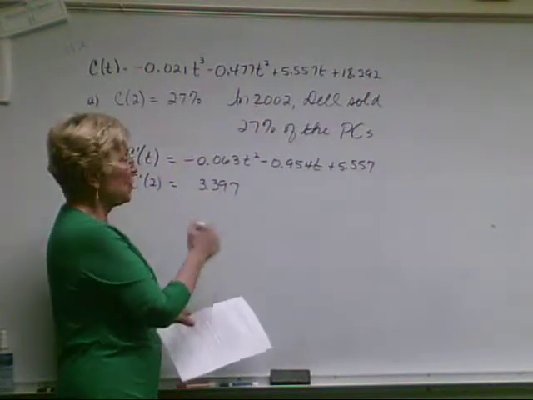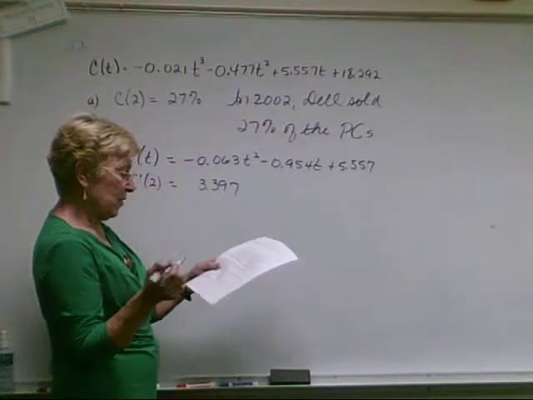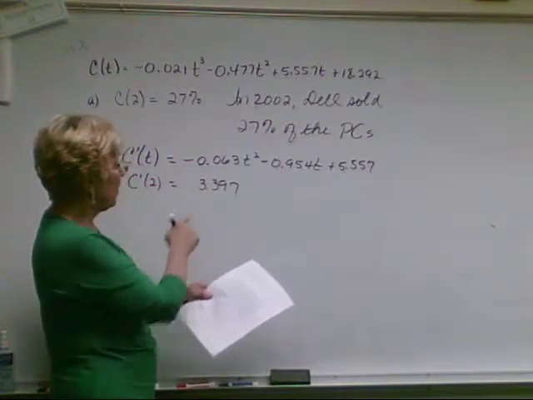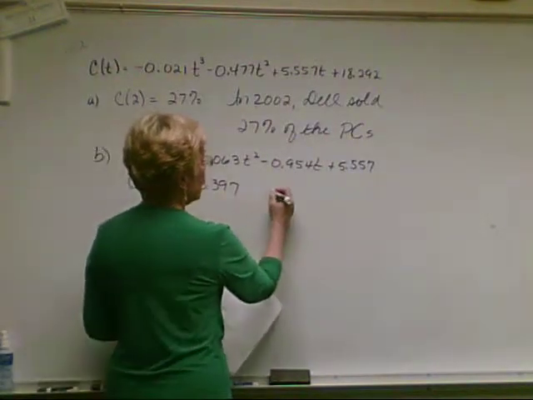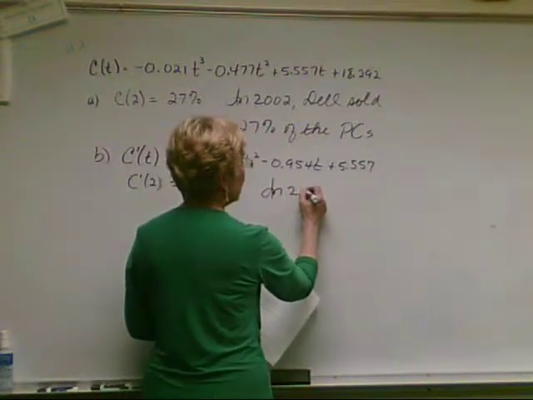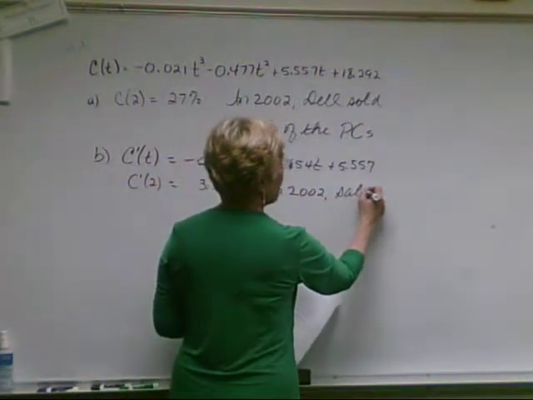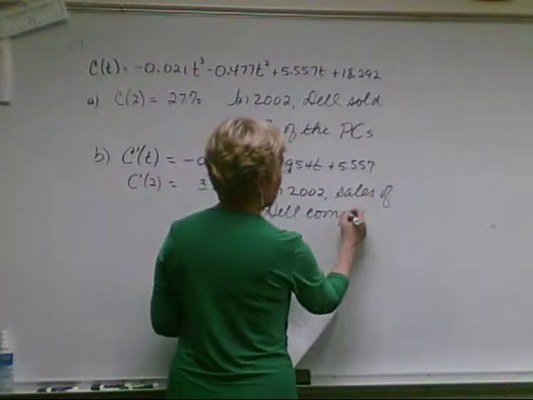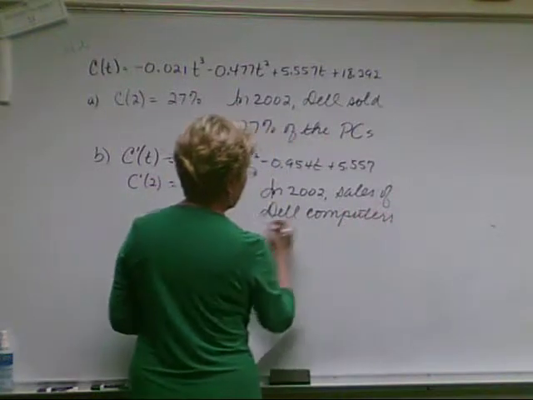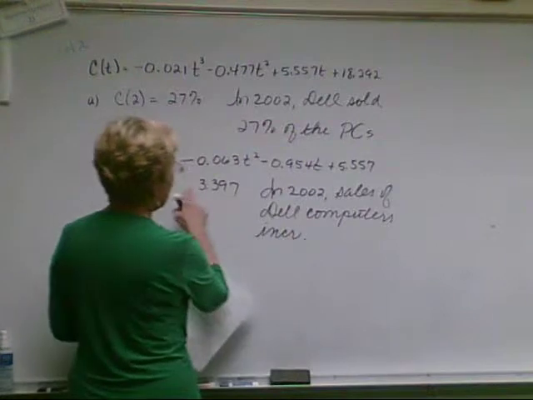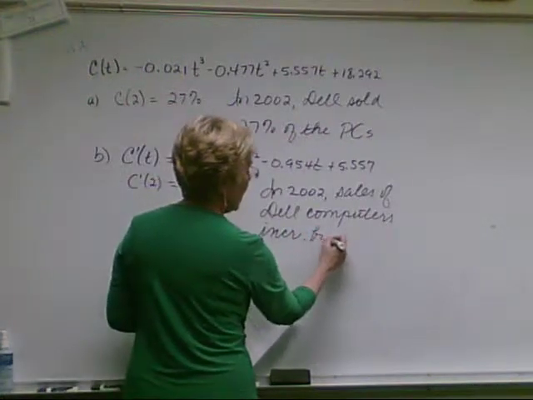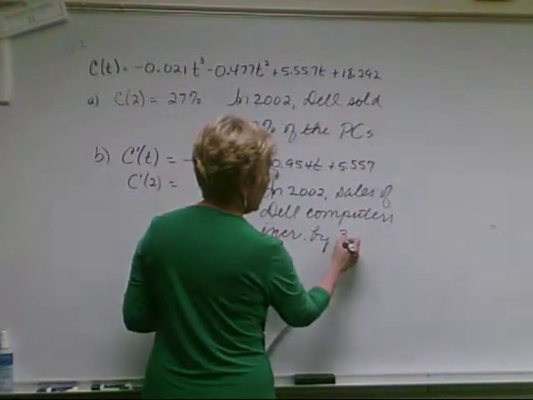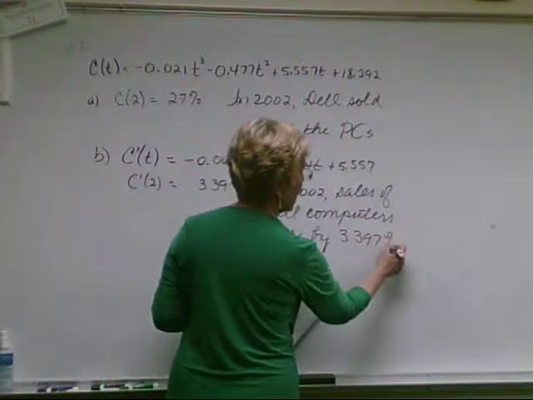But this is change. So this is sales of Dell computers were positive, so it's increasing approximately 3.397%. So in 2002, sales of Dell computers increased because it's positive by, whoops, not dollars, percent, 3.397%.